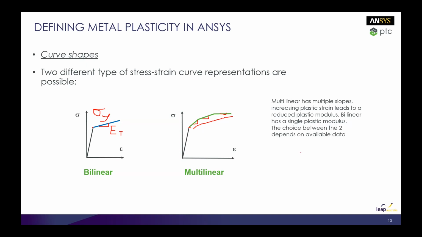The data you have will drive which property you apply. If you're going to be doing cyclic loading, it might be more appropriate to use multilinear, but again, it depends on the data you have. To do a multilinear, you probably need tensile test data. To do bilinear, all you need is the yield point, the ultimate point, and also the strain at break, or the ultimate strain.